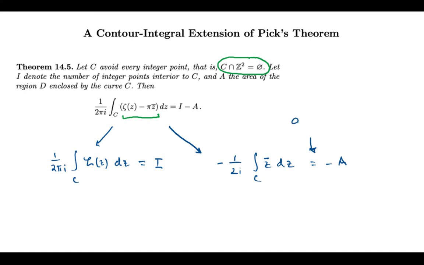And this follows from Green's theorem. This is maybe something you've seen in a complex analysis class, because z bar is one of those functions that I can integrate even without the residue theorem, from first principles, and Green's theorem helps.